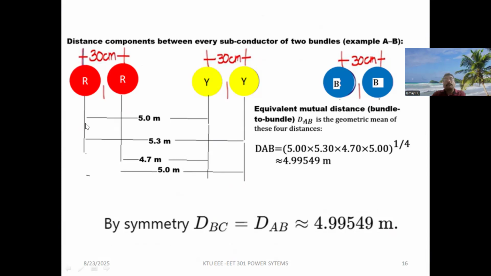That is, there exist 4 distances between R bundled conductor and Y bundled conductors. These are respectively 5, 5.3, 4.7, and 5. So there are 4 distances. That means we have to find that particular root. If there is only one distance, there is nothing to mention. Or if there are 2 distances, usually there is no case like that.